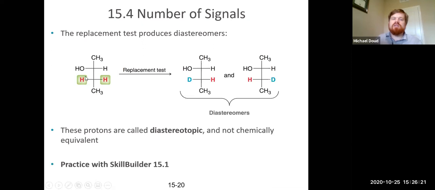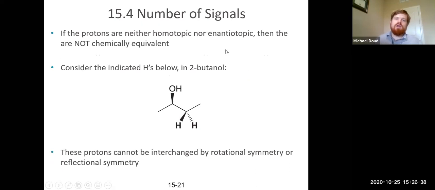Now, one way that you can tell this is to just look: is there another chiral center on the molecule? If you generate a chiral center and there's another chiral center on the molecule, when you do the replacement test, that means you're going to have a diastereotopic set of protons. And if there's no other relationship between them, then they're not going to be chemically equivalent. So again, only homotopic and enantiotopic protons are going to be equivalent.